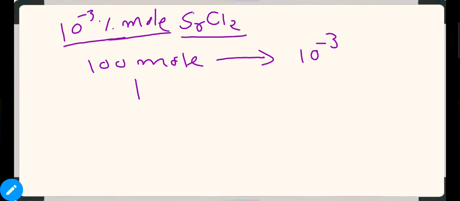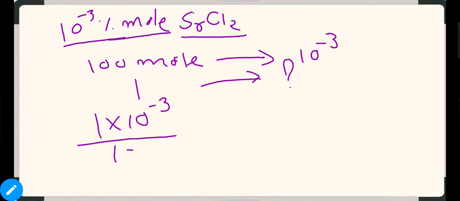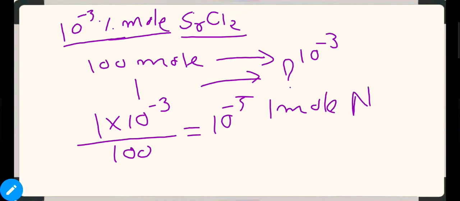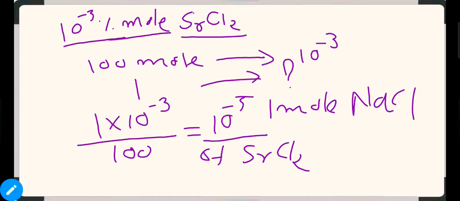So what will be the quantity of added SrCl2 in 1 mole? Cross multiplication: 1 into 10 raised to minus 3 divided by 100 is equal to 10 raised to minus 5. So in 1 mole of NaCl you will get 10 raised to minus 5 moles of SrCl2. And as discussed earlier, the number of Sr2 plus is equal to the number of vacancies.